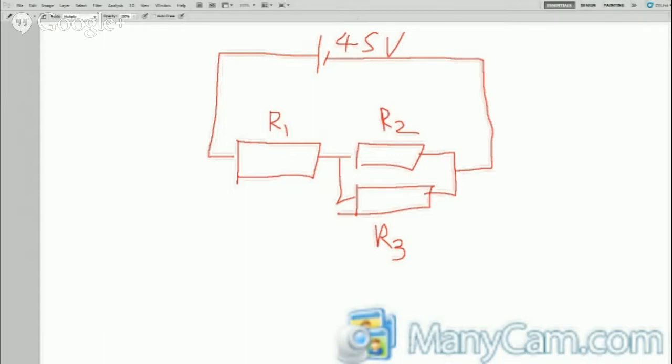So from what you're saying, I'm thinking we've got 750, 750. We've got 0.03 amps and 0.01 amps.